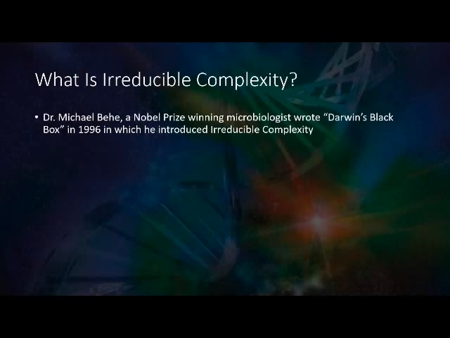Well, what is irreducible complexity? This is a term that Dr. Michael Behe coined when he wrote a book entitled Darwin's Black Box back in 1996. I have a copy of that. Dr. Behe was a Nobel Prize-winning microbiologist and a tenured professor in a university when he wrote this book.